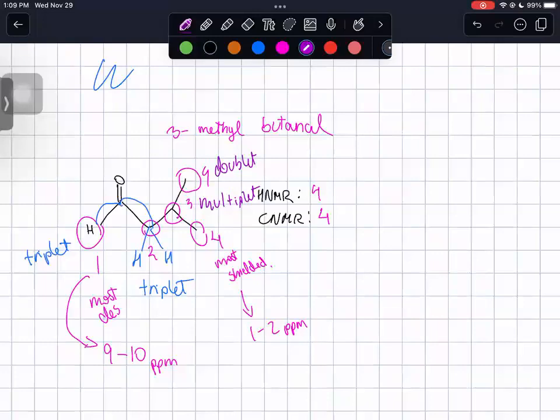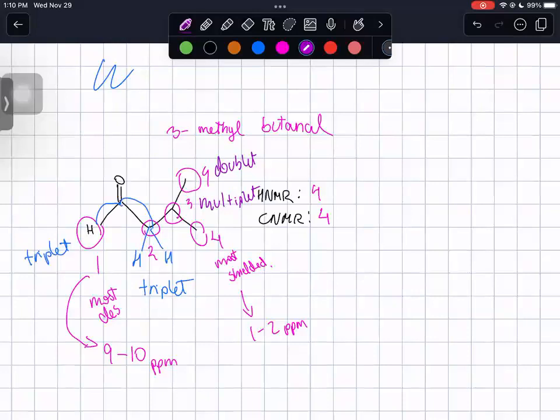What does it mean to have spin-spin splitting? A molecule is showing spin-spin splitting when? Best guess.